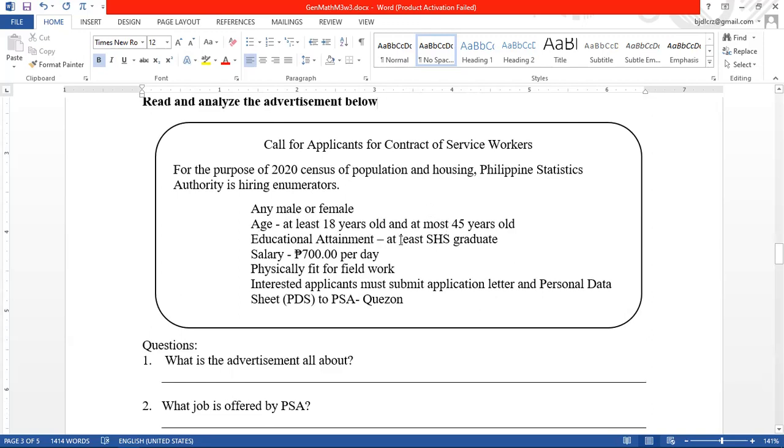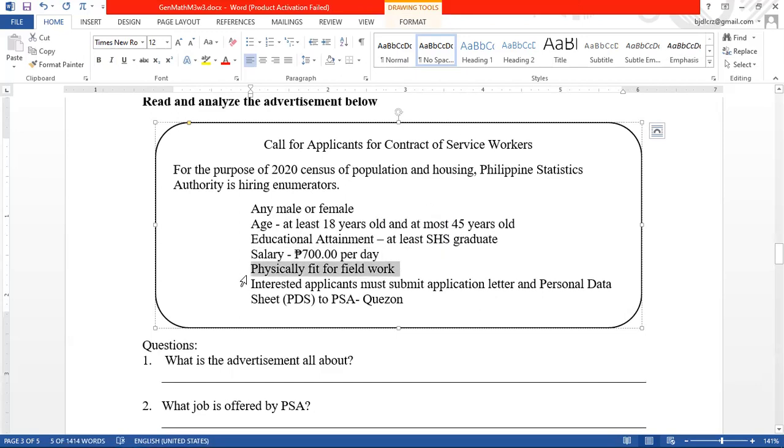Educational attainment: at least senior high school graduate. The salary is 700 pesos per day. Must be physically fit for field work. Interested applicants must submit an application letter and personal data sheet, or PDS, to PSA Quezon City.